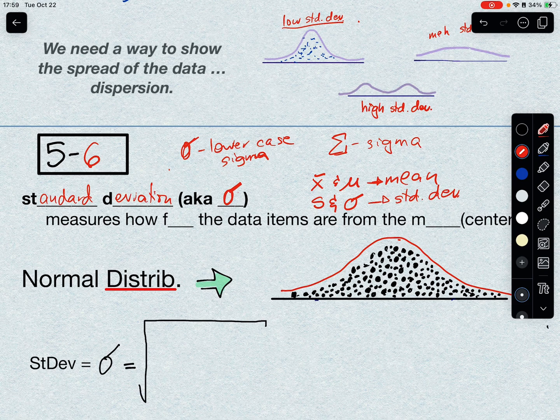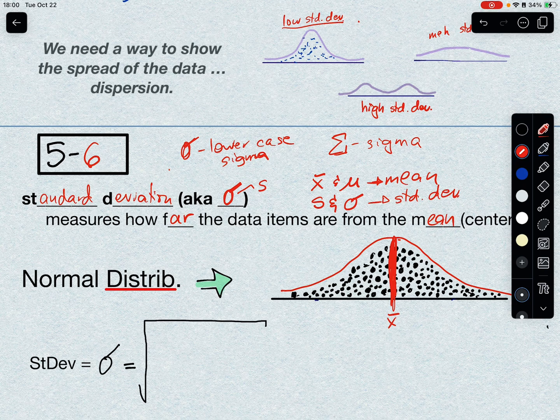So this or S are two different ways to shorthand standard deviation. What does it measure? It measures how far the data is from the middle. The middle being the mean. Now remember, when data is centered, the mean and the median are together in the same spot. So this here, x bar, or the mean, is the median in the middle.